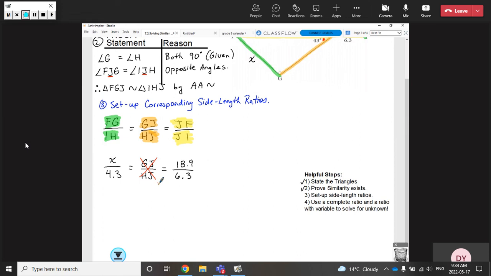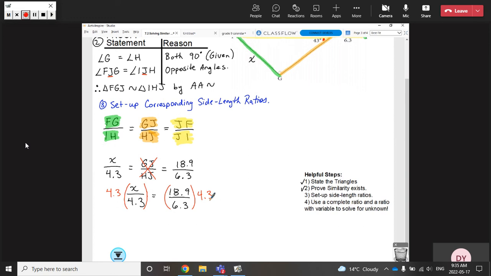Now again, we're in a situation where this middle ratio, it's not always going to be the middle one, but usually it's one of them that you don't really need to use. We're going to rewrite this as x over 4.3 equals 18.9 over 6.3. Of course, you can use cross multiplication, but since x is already on the top, I'm just going to multiply both sides by 4.3. In your calculator, 18.9 divided by 6.3 is 3 right on.